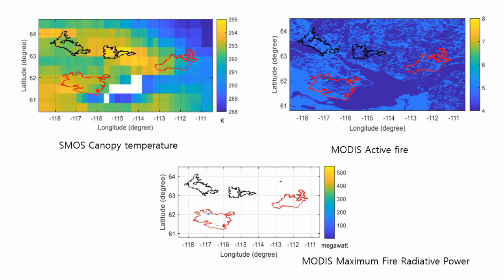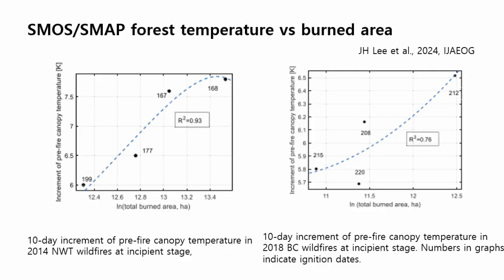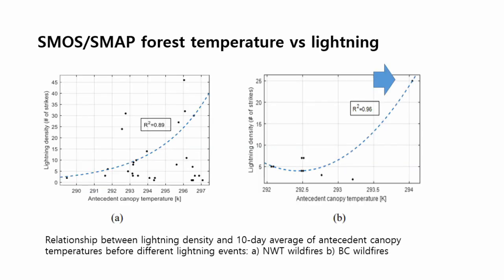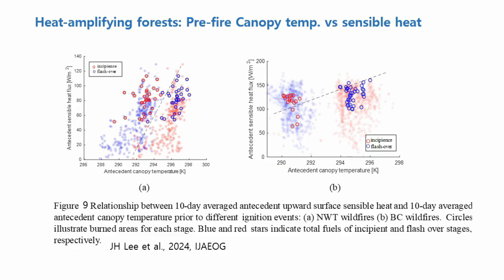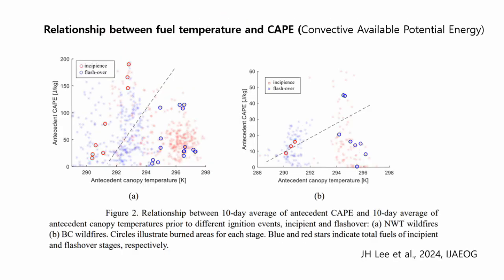Because that pixel would already have a high risk for fire spread, already elevated sensible heat, and already too high convective available potential energy. So it's highly likely that it will become a destructive wildfire.